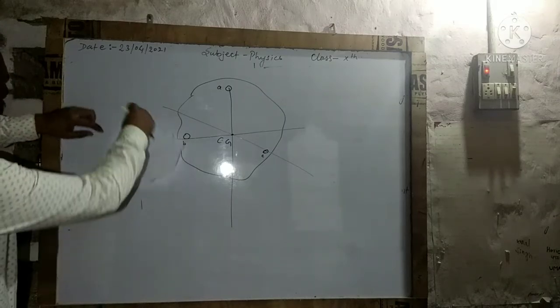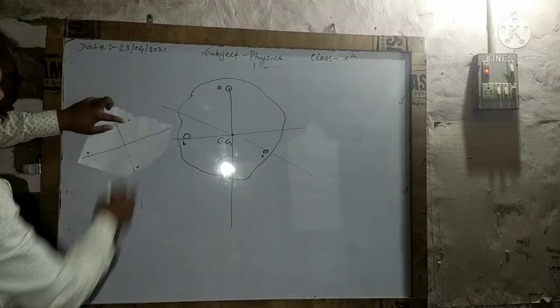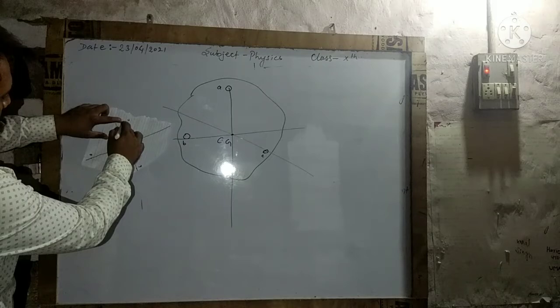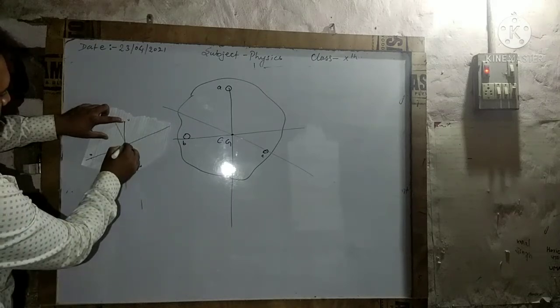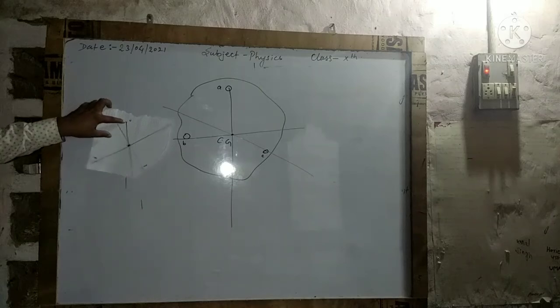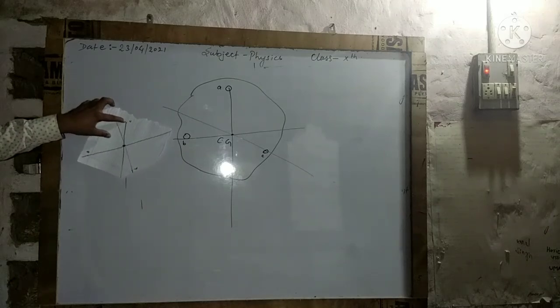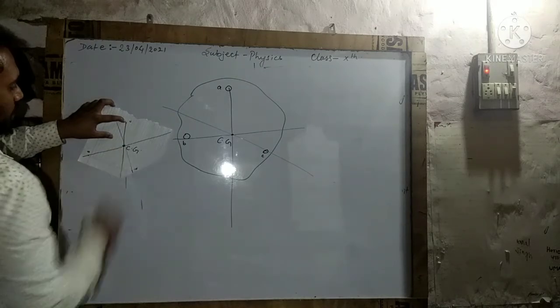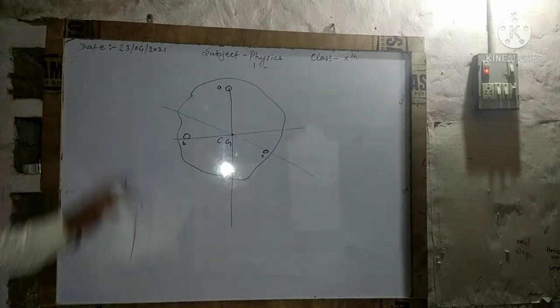Now we take point C, hold it up, and draw a perpendicular line. All 3 lines will cut at a certain point. That point will give you the center of gravity of this irregular shape.